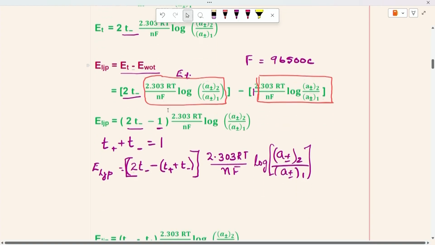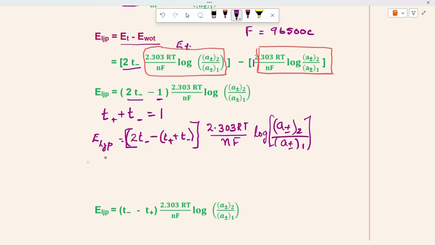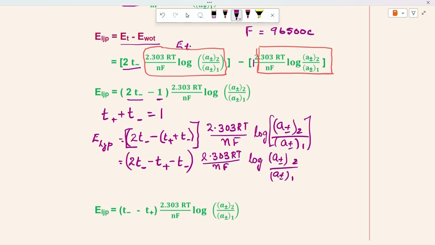Now, let us solve this. See, this is 2T minus, I will open the bracket, 2T minus T plus minus T minus, again the rest of the equation as such, 2.303 RT by NF log mean ionic activity of 2 divided by mean ionic activity of 1, whole in log. See, this is 2T minus and minus T minus makes it 2 minus 1, 1.